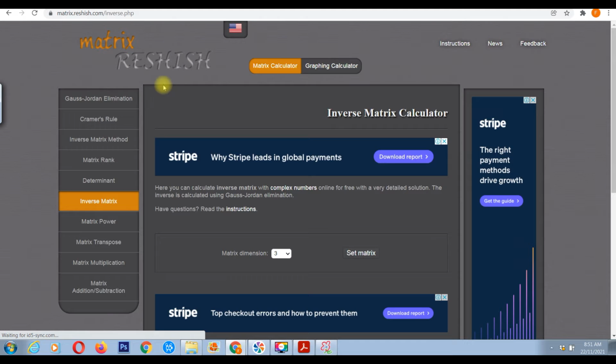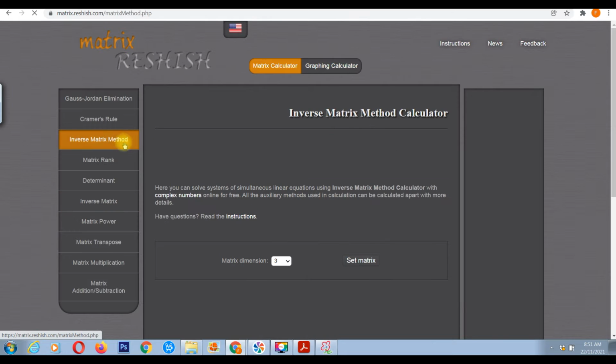You can use Gauss-Jordan elimination, Cramer's rule, or the inverse matrix method. So I try the inverse matrix method.